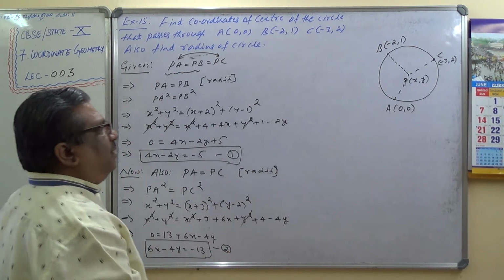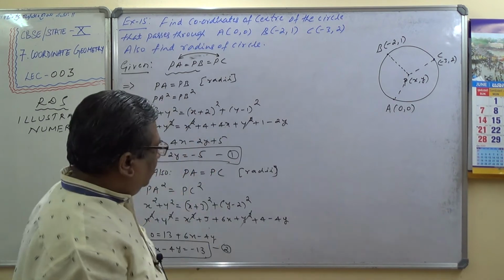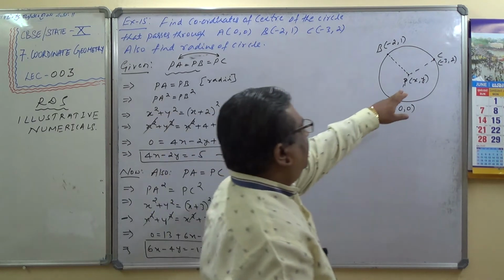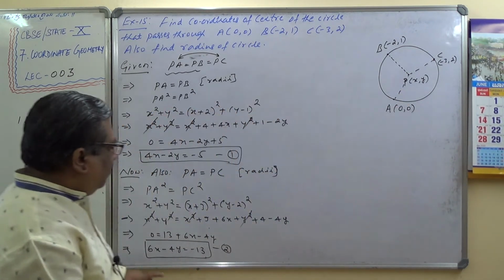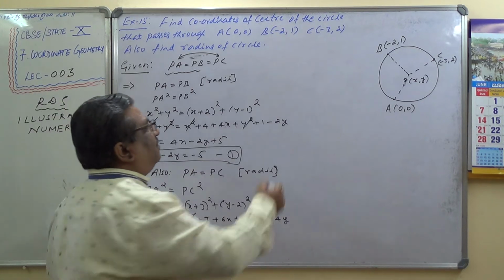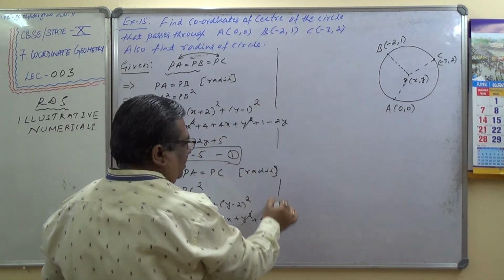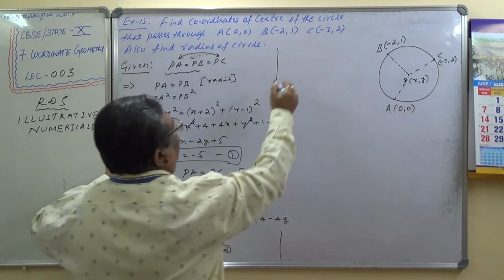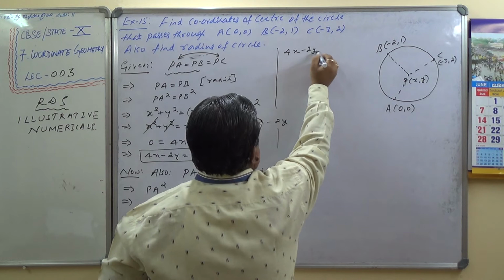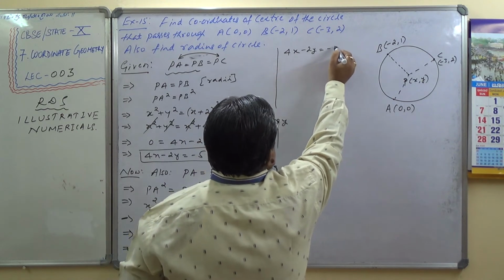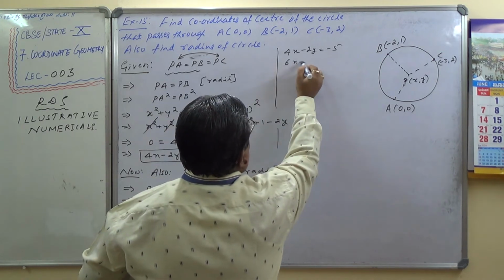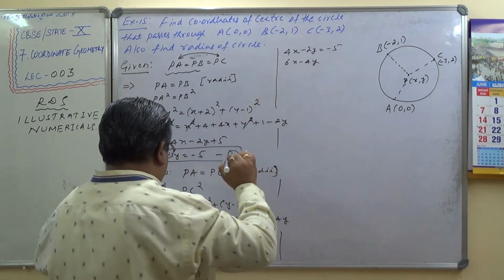So dear students, I got both equations. My objective is to find out the coordinates of the center, but I have got two equations. By solving, I will be able to get the coordinates of the center, which is nothing but x and y. So 4x minus 2y equals minus 5, 6x minus 4y equals minus 13.